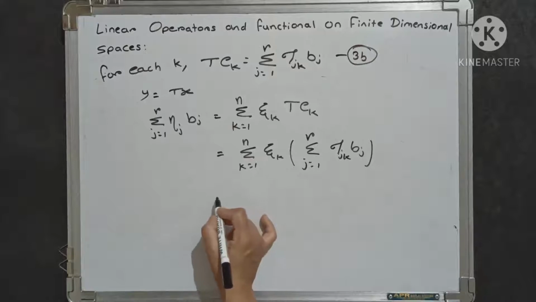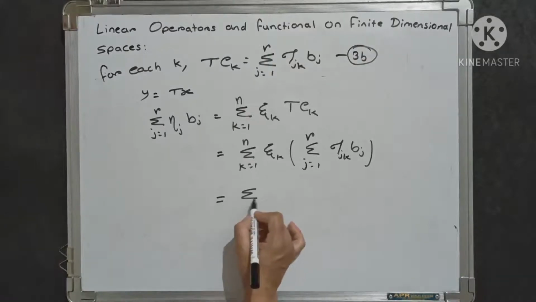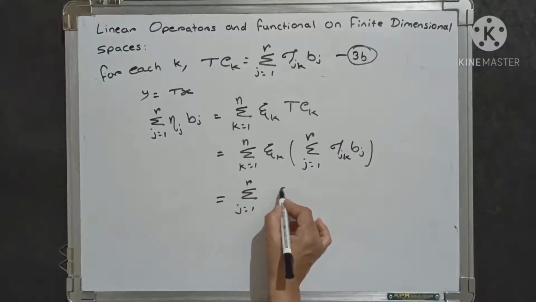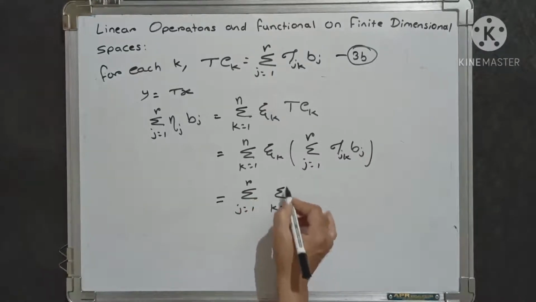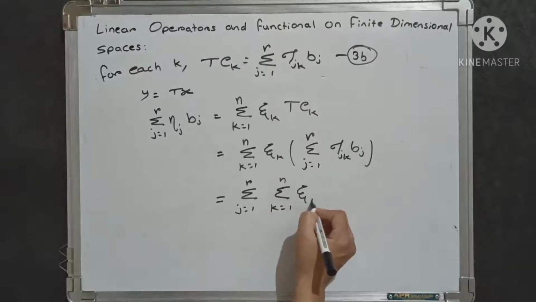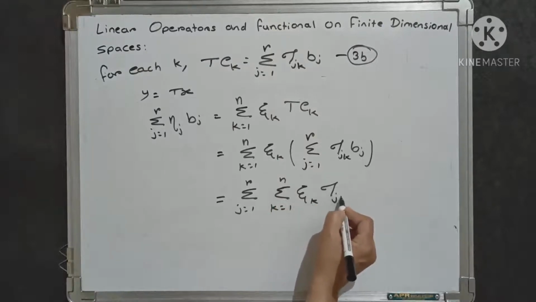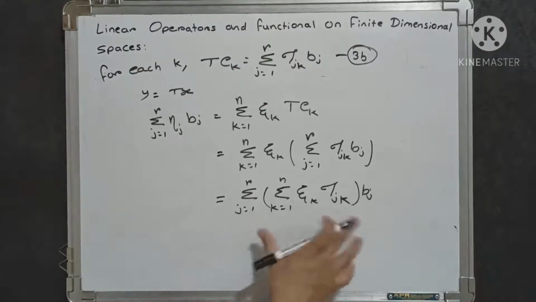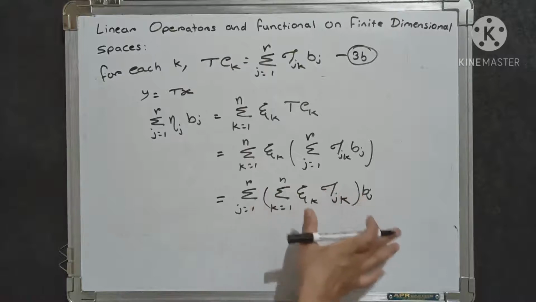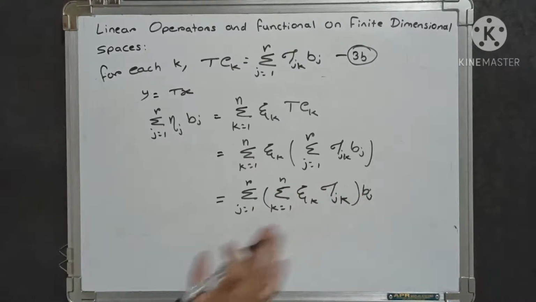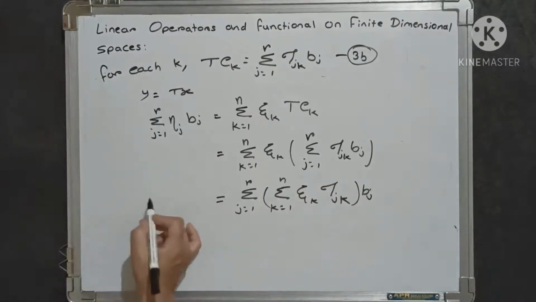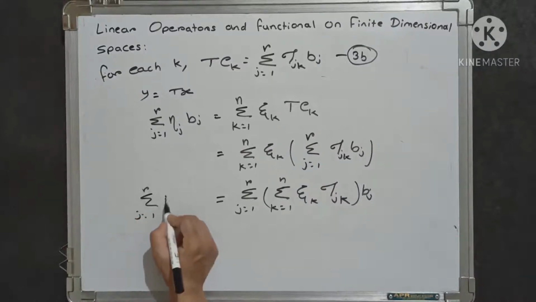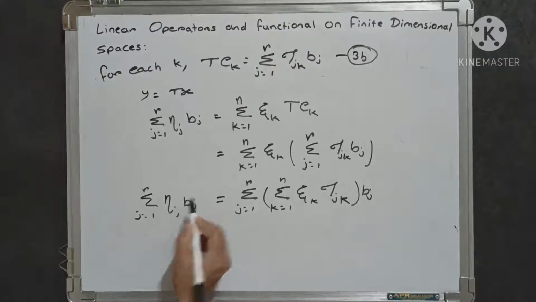Therefore this is also written as the summation j from 1 to r, of the summation k from 1 to n of ξ_k τ_jk, into b_j. This is the summation over j from 1 to r of the bracket into b_j, and it equals the summation j from 1 to r of η_j b_j.